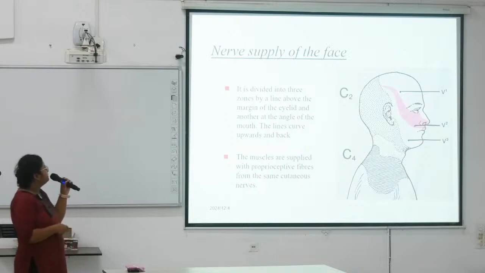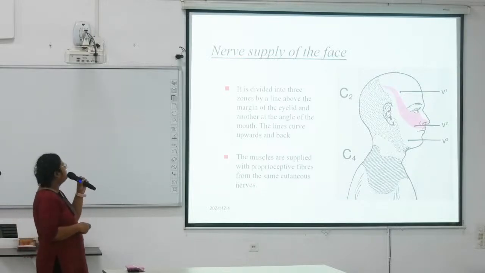Next, the face is divided into 3 zones according to the supply by the 3 divisions of the trigeminal nerve. So these lines of division: the first upper line passes from the lateral angle of the eye and extends upward and laterally, and the next line passes from the lateral angle of the mouth, meets the first line and passes upward and laterally.